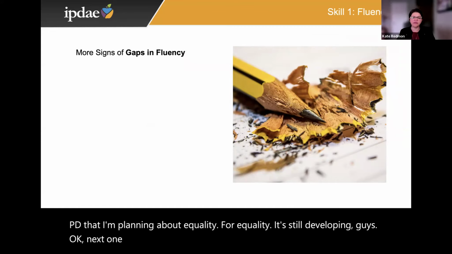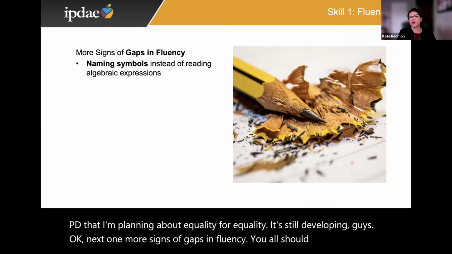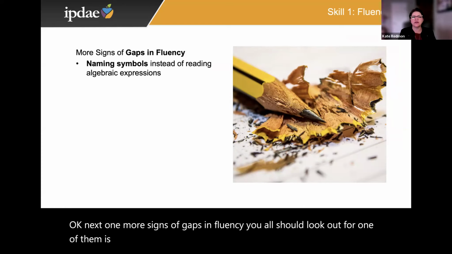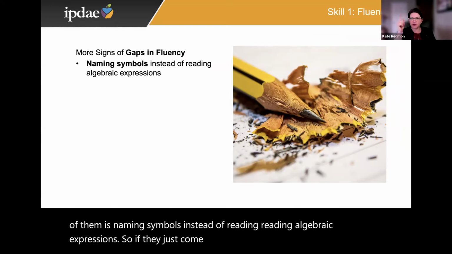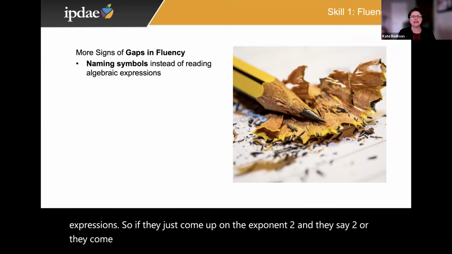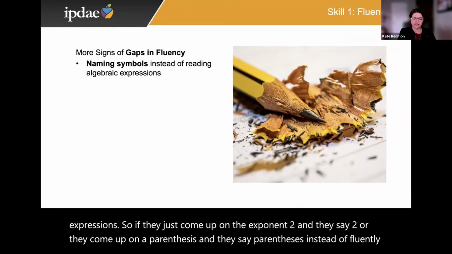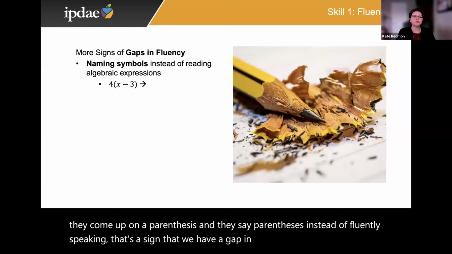More signs of gaps in fluency you all should look out for. One of them is naming symbols instead of reading algebraic expressions. So if they just come up on the exponent 2 and they say 2, or they come up on a parentheses and they say parentheses instead of fluently speaking, that's a sign that we have a gap in fluency.